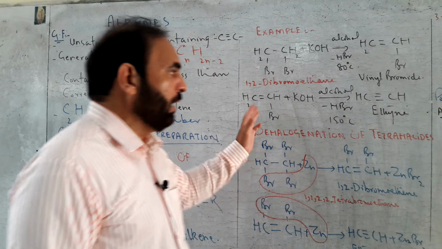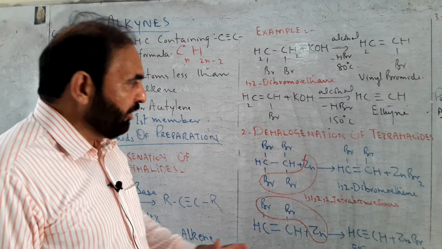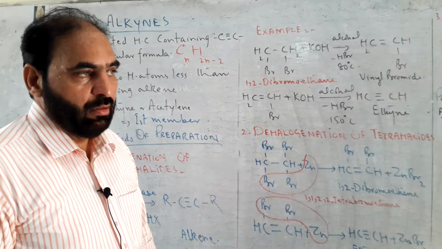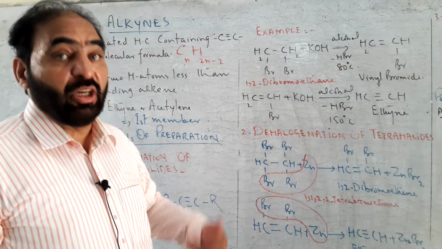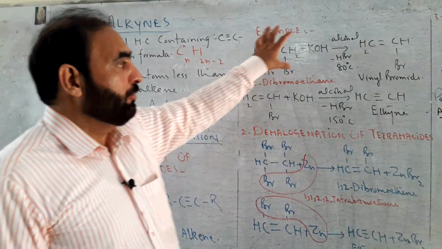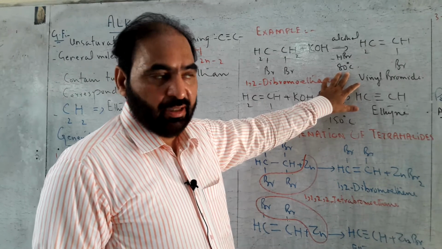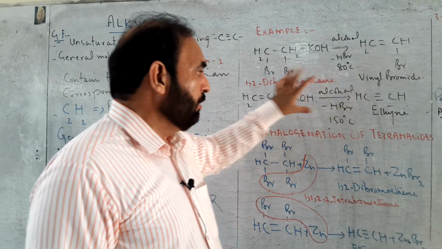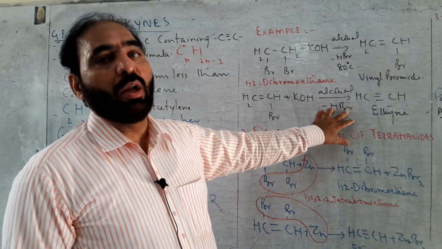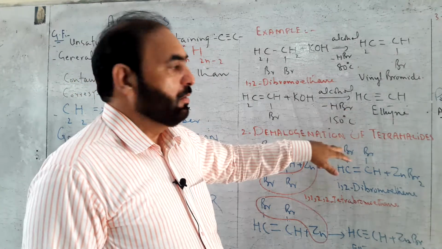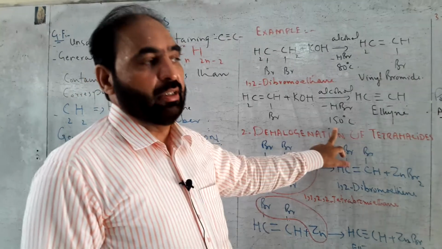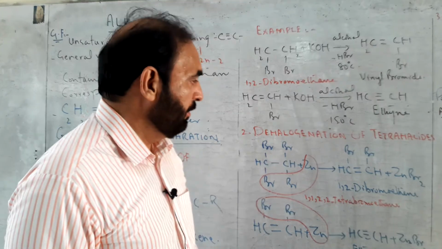The second molecule of HBr is difficult to remove. It requires drastic condition of temperature. First molecule of HBr is removed at 80 degrees centigrade, and for the removal of second molecule of HBr, temperature of 150 degrees centigrade is required.